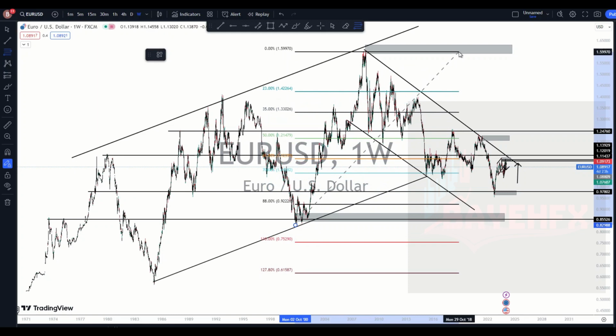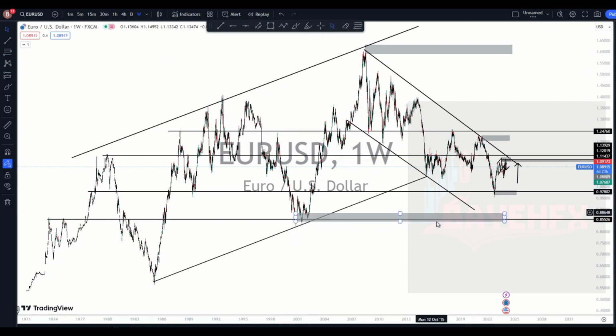And we hit almost the 80% zone, but since we haven't closed below the weekly line, we got support here. So either we continue down, since we've passed the premium discount zone, or we should be expecting the market to get support around here and then start buying to the upside.